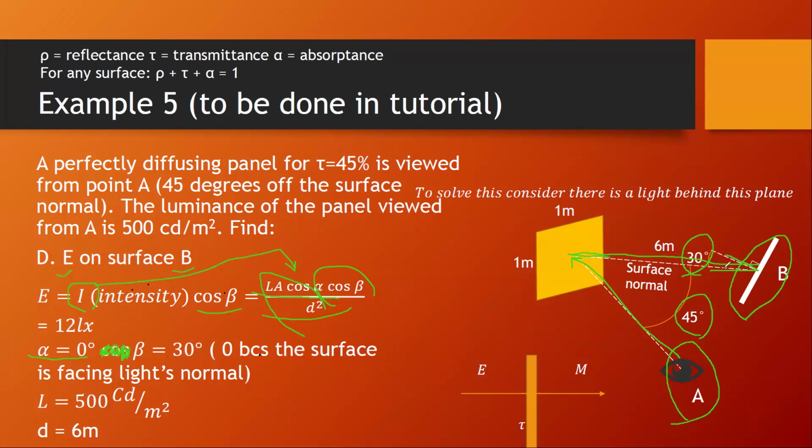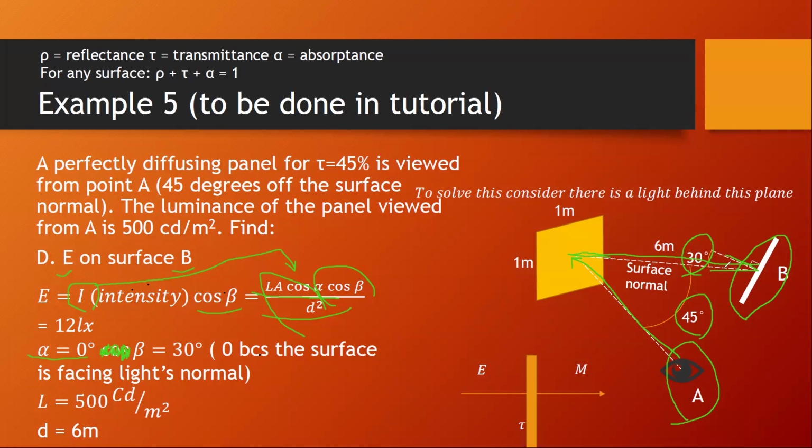Back to showing it with the phone to you. This is the phone. This has a normal. If my eye is here, my eye is not hitting the normal, so my eye has an angle between my eye and this normal, which is 45 degrees in that question. If I want to be more accurate, I'm standing here, as if I'm showing something to my friend, my eye and the normal, the difference, 45 degrees, okay?